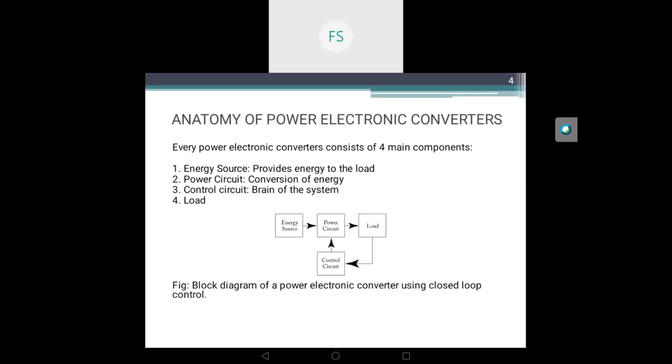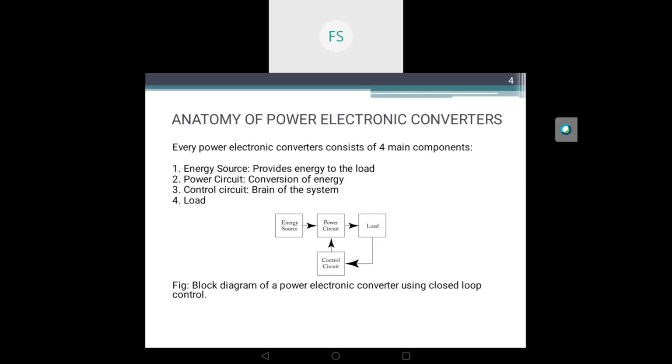Similarly, if the input energy source is a low voltage DC and you want high voltage DC at your load, then you will substitute a corresponding power circuit there. The power circuit is composed of switches, inductors, and capacitors. It does the conversion of energy, so the output is in the form required by the load.